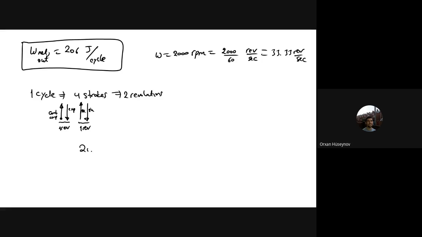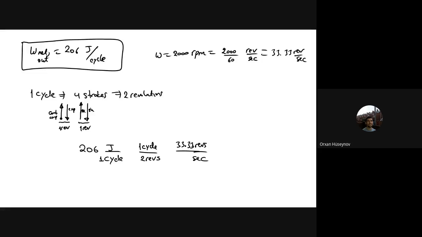Now let me write it: 206 joules divided by the 1 cycle. This is 1 cycle, and in 1 cycle you have the 2 revolutions. And the piston rotates at 33.30 revolutions in 1 second.